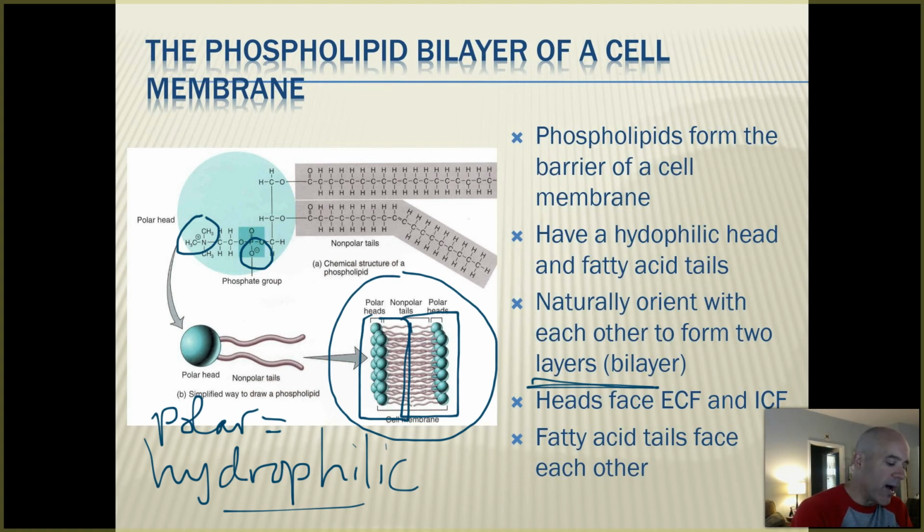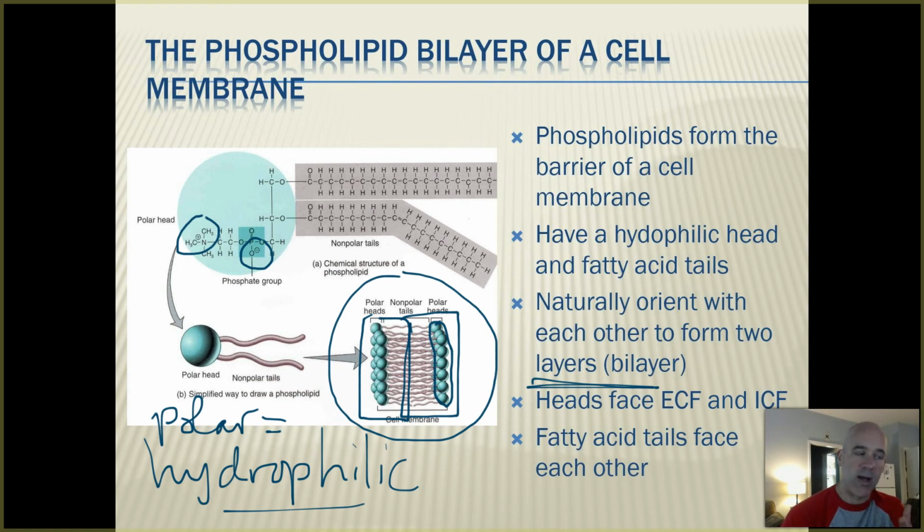So those hydrophilic heads, they all interact with each other. The hydrophilic heads over here on this sheet, they're all interacting with each other. And then those fatty acid tails, they get together and intermingle together because hydrophobic likes hydrophobic.